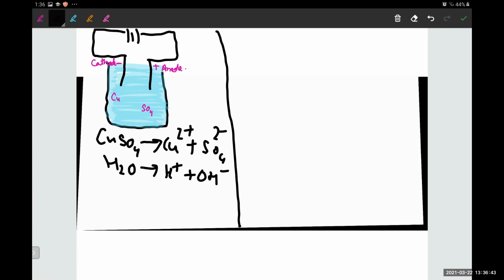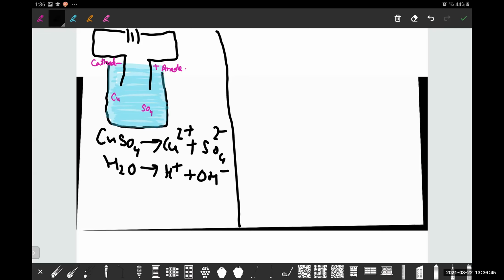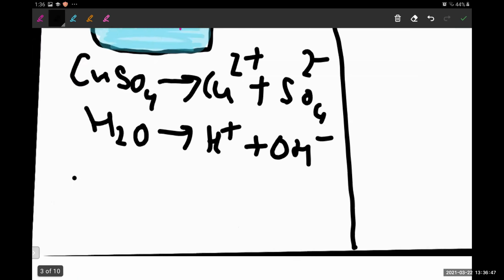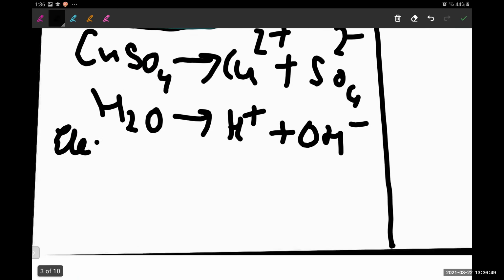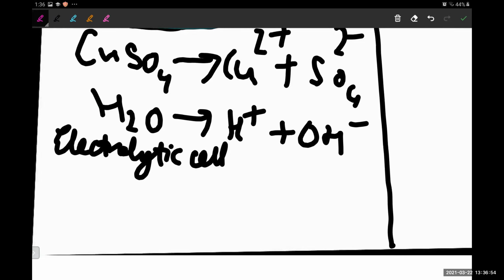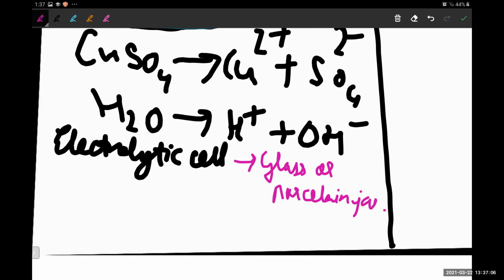Very important to be written down in the examinations. So first of all, what do we have to write in the examination? We have to write about the electrolytic cell. What is the electrolytic cell we are using? We are using a glass or porcelain jar.